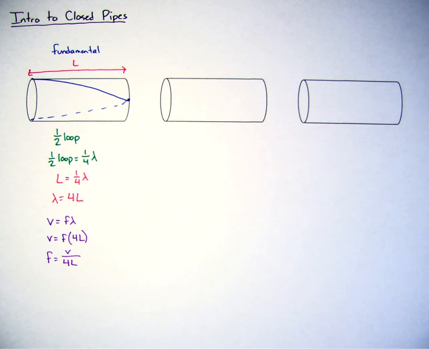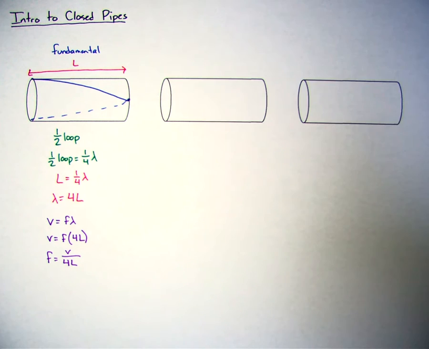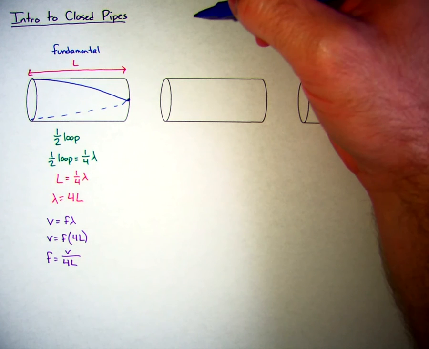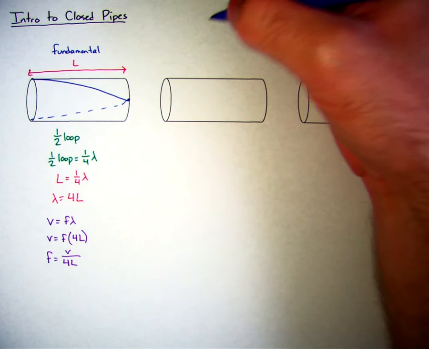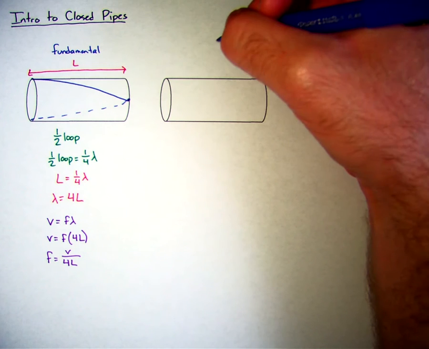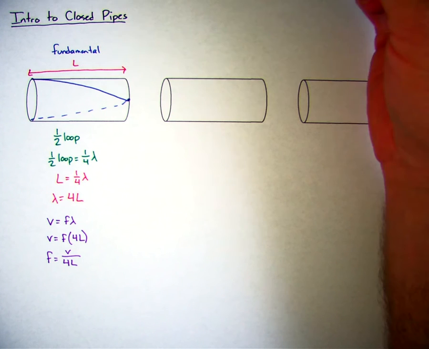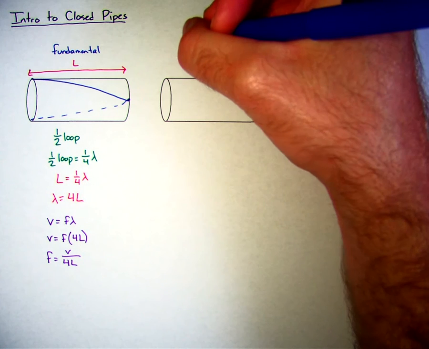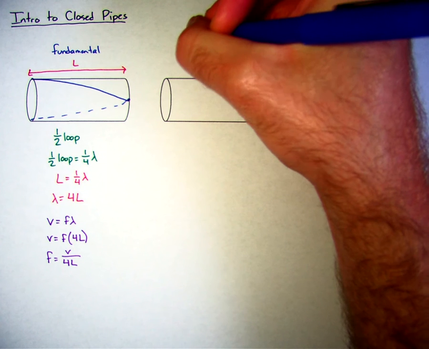Now, if we were to look at the next resonant frequency, so this is the fundamental, this is going to be my next harmonic. Okay, I'm not going to say exactly what it is because I want you to see the way it's going to work here. But this is going to be my first overtone.